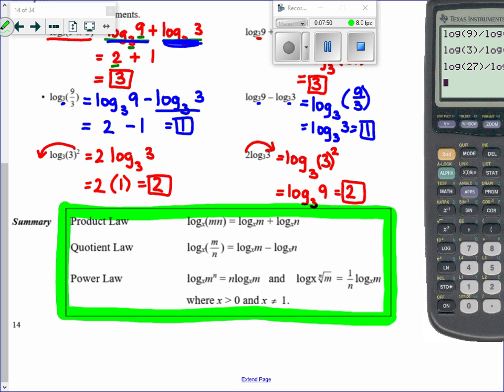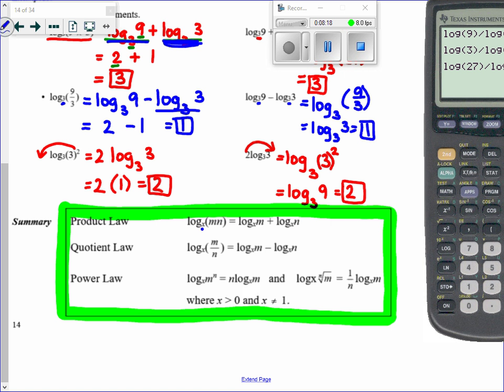You don't have to memorize them, but you do have to know how to use them, either to take 2 logs and combine them into 1 log, or going the other way where they give you 1 single log and you have to use them to expand into 2 separate logs, working that way.